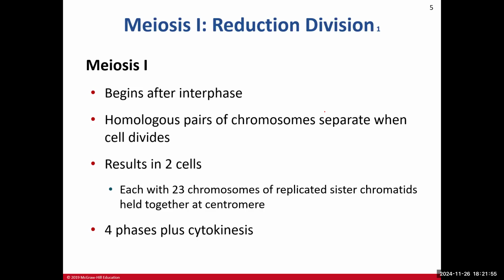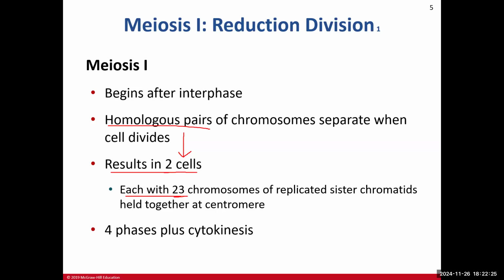And during that first part, we're going to get some crossing over of the material. Okay. So the homologous pairs, remember, those are the same chromosomes, are going to get split apart into our two new cells. Those homologous pairs are going to get split apart, and they're going to wind up in those two newly formed cells. Still, we're going to have a haploid number. That's 23 chromosomes.